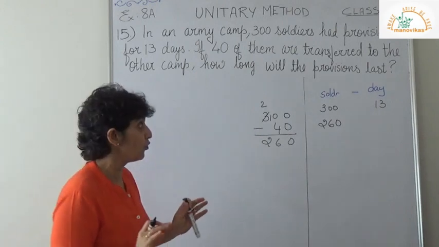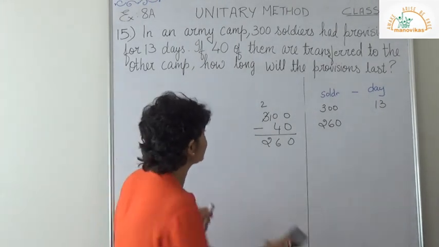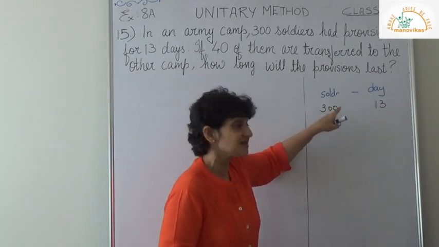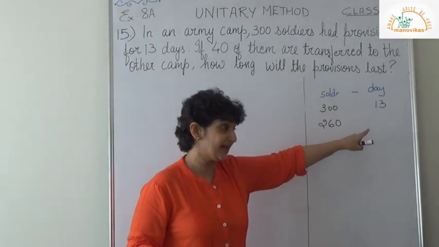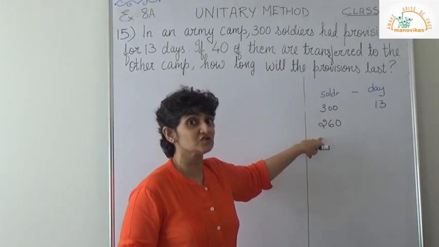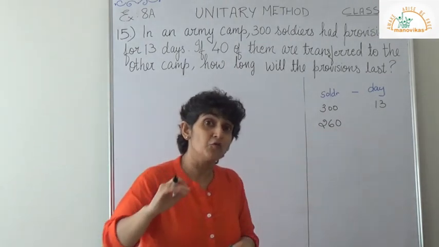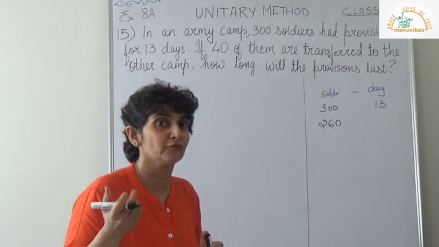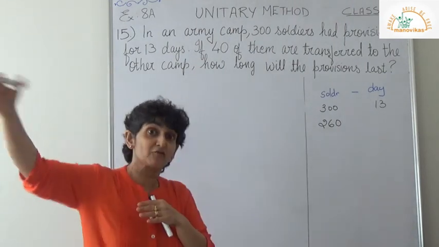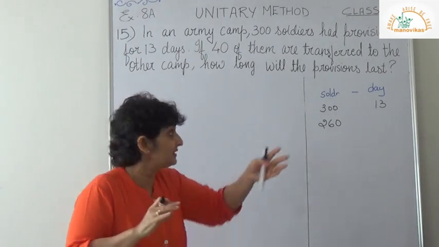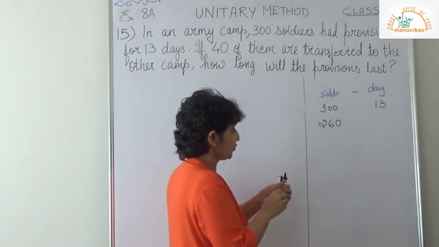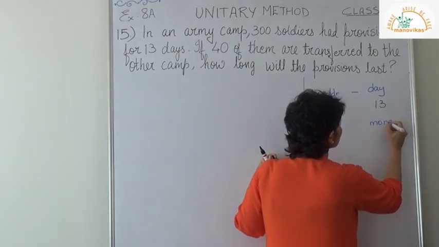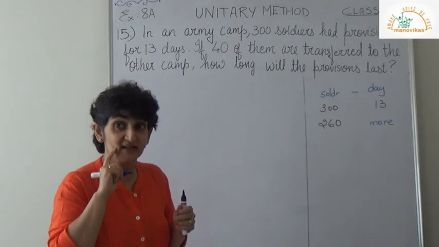The same quantity of food. So now what happens? Please check here properly. There were 300 soldiers. The food was enough for 13 days. With 260 soldiers, they can get more days from the same amount of food, right? Because 40 people have gone. So, from those 40 people, these will get extra. So, they can eat the same food for more number of days.